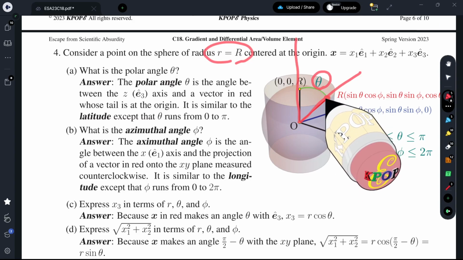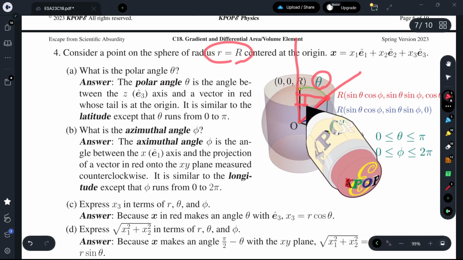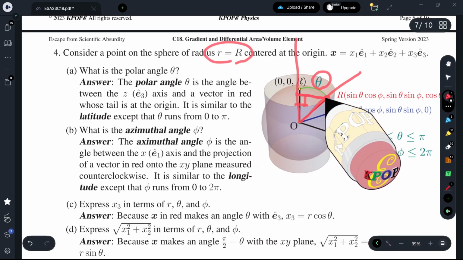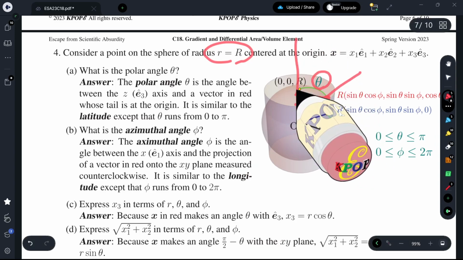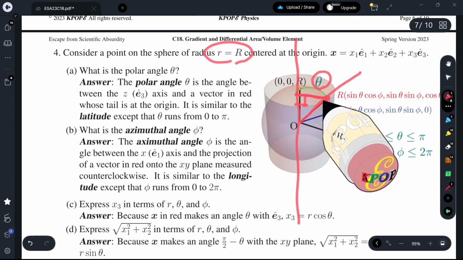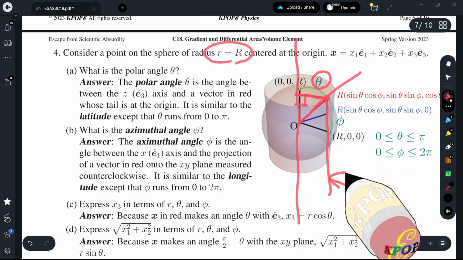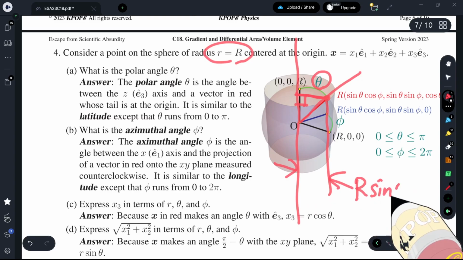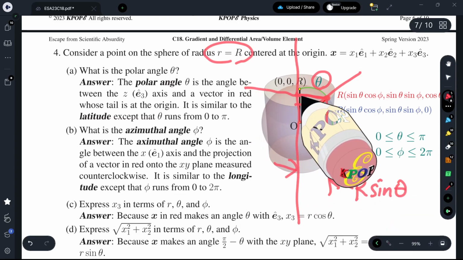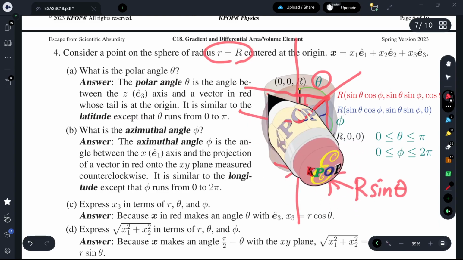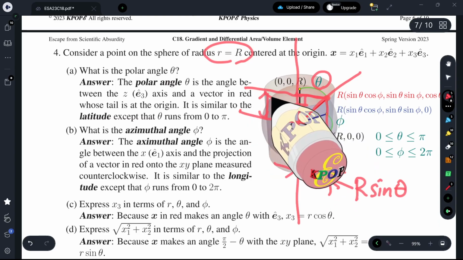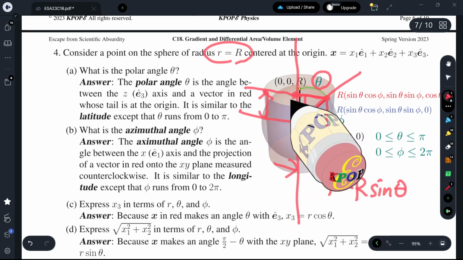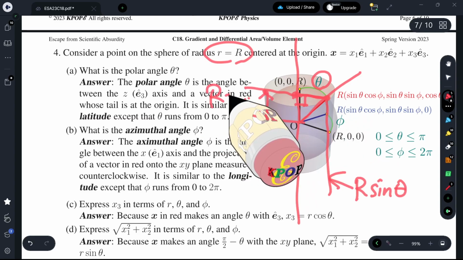If I have a radius r, the perpendicular distance to the z-axis should be r sine theta, and the distance from the origin to this point is r cosine theta.